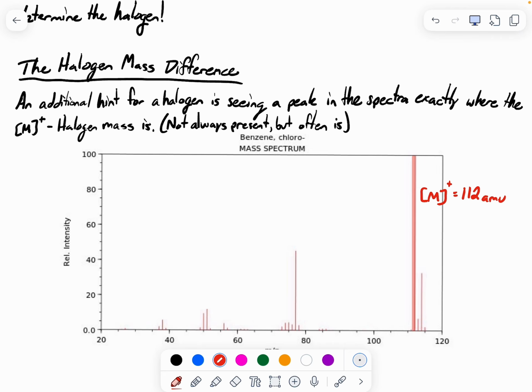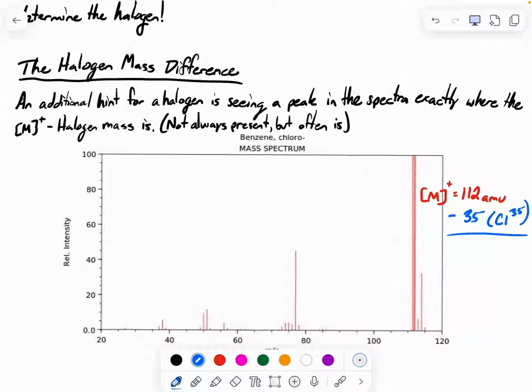So if we subtract the mass of chlorine from that, we should have a peak that lines up with it. And keep in mind that whenever you're subtracting from the molecular ion peak, you want to choose the smaller isotope, not the bigger one, because that is the isotope that's supposed to be present in your molecular ion peak. All right, so we would subtract out, in this case, 35 AMU due to us suspecting chlorine 35 is there.